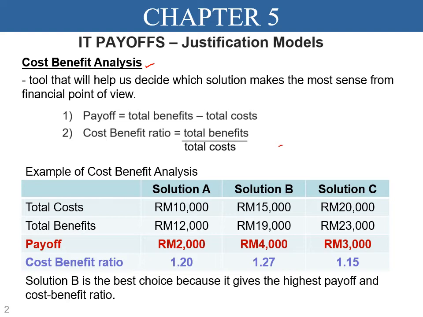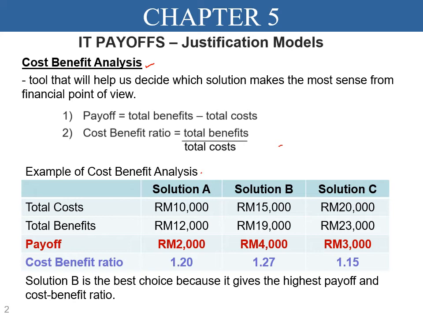Usually, before a company begins to invest in a project such as an IT project, they will ask the IT unit to prepare a project proposal. In the project proposal, the IT unit will state the total cost to carry out the project. To justify the project, they will need to present the cost-benefit analysis.